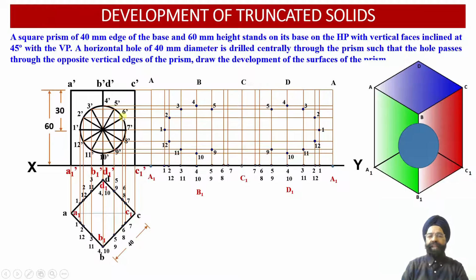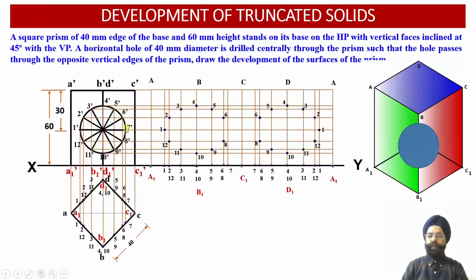So wherever the two horizontal projector lines drawn through the points 6 dash and 8 dash intersect with vertical projector lines 6, 8 in the front face and 6, 8 onto the rear face, the 4 points of intersection we are able to obtain. So this is the projection of points 6 and 8 in the front face projection. This is the projection of points 6 and 8 onto the rear face projection over here.